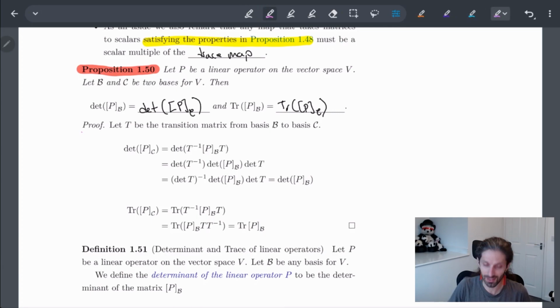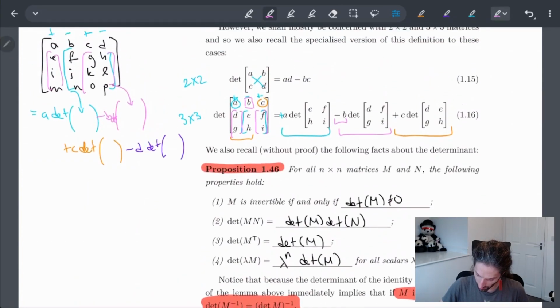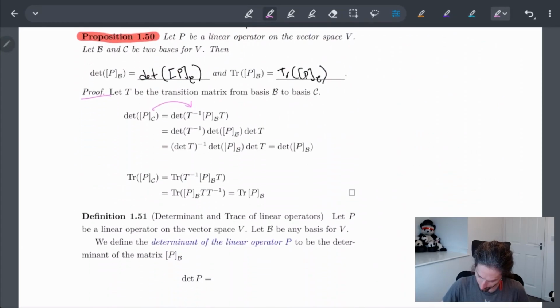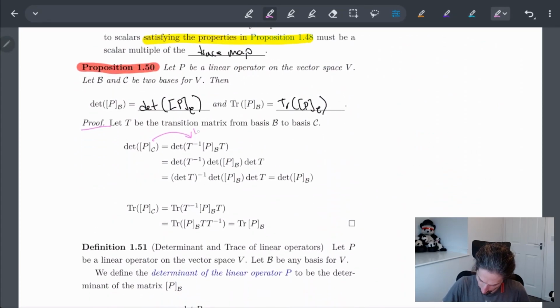The proof of this is basically just a quick calculation. This equality is exactly the proposition we saw a little while ago, 1.43, properties of determinants, and this is basically 1.46.